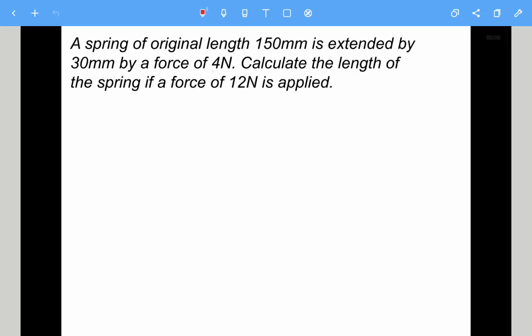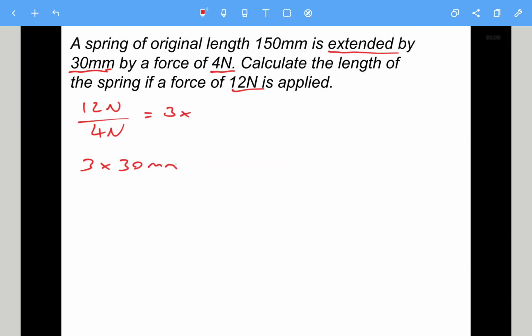So, if a force of 4 newtons will extend a spring by 30 millimeters, 12 newtons divided by 4 is 3 times the amount of force. So it makes sense, if force is proportional to extension, that if we have 3 times the force, we would have 3 times the extension.